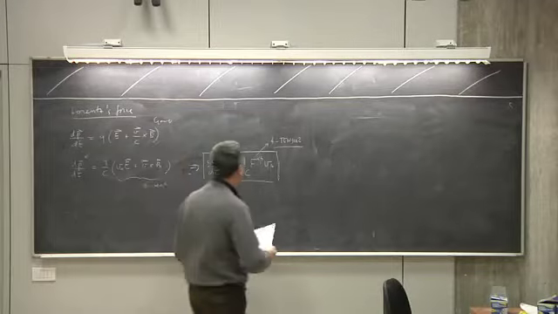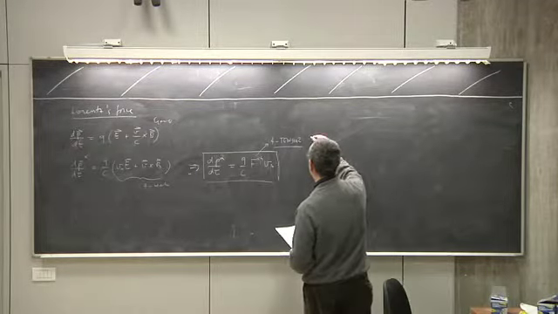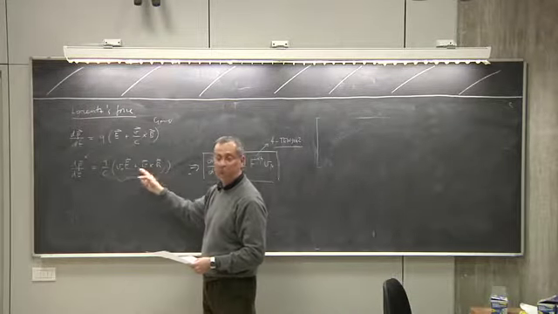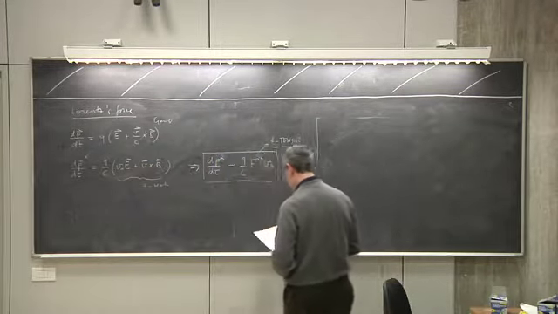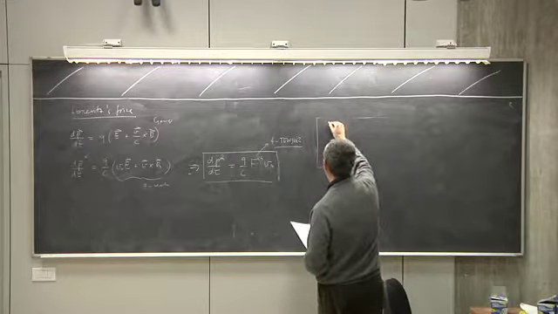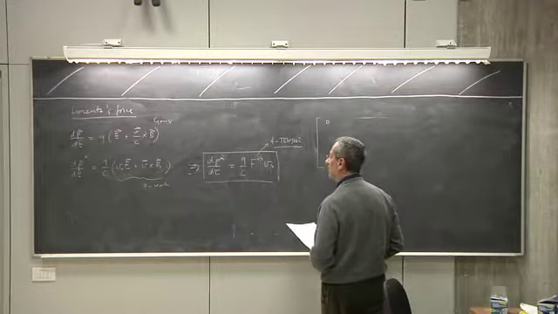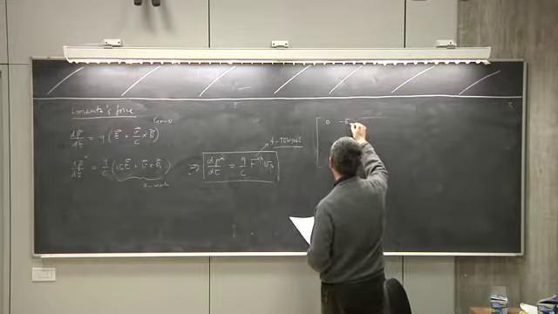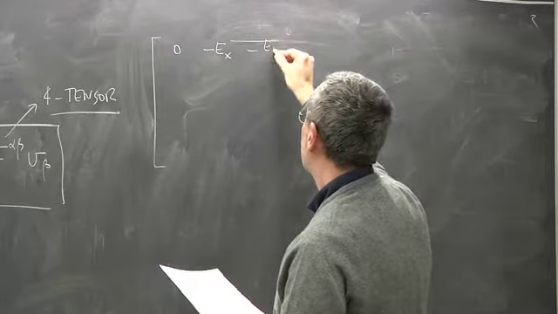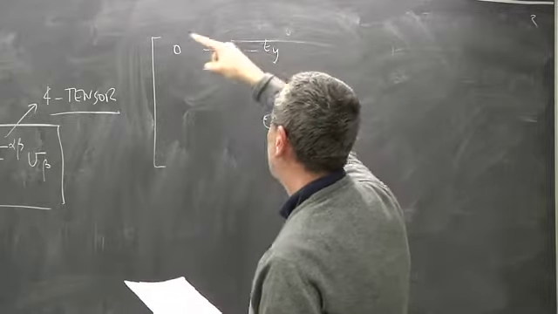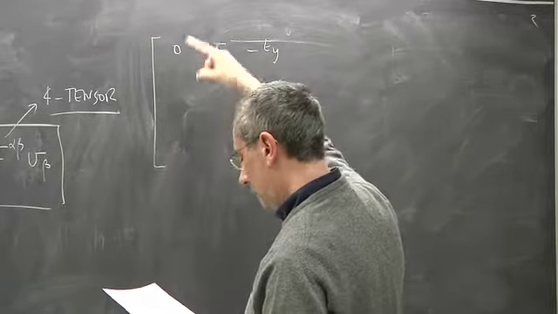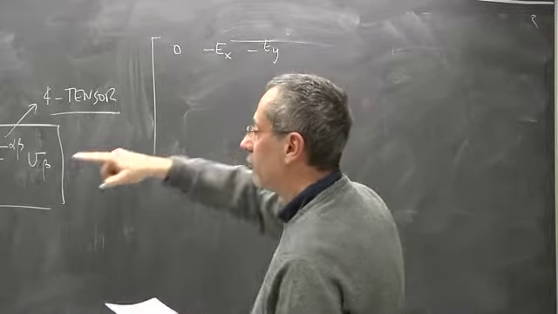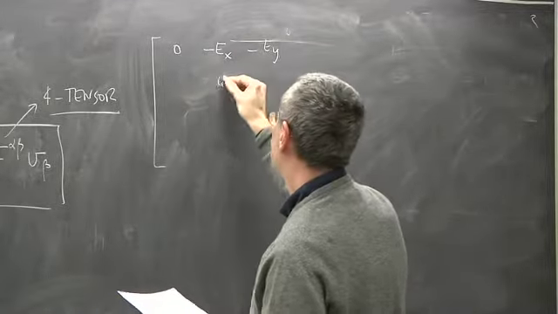And what are the components of these tensors? Well, you can read them off from this because you want to get this back, right? And if you do that, maybe this is an exercise, you see that it's a tensor that has these components. Well, first of all, it is anti-symmetric.